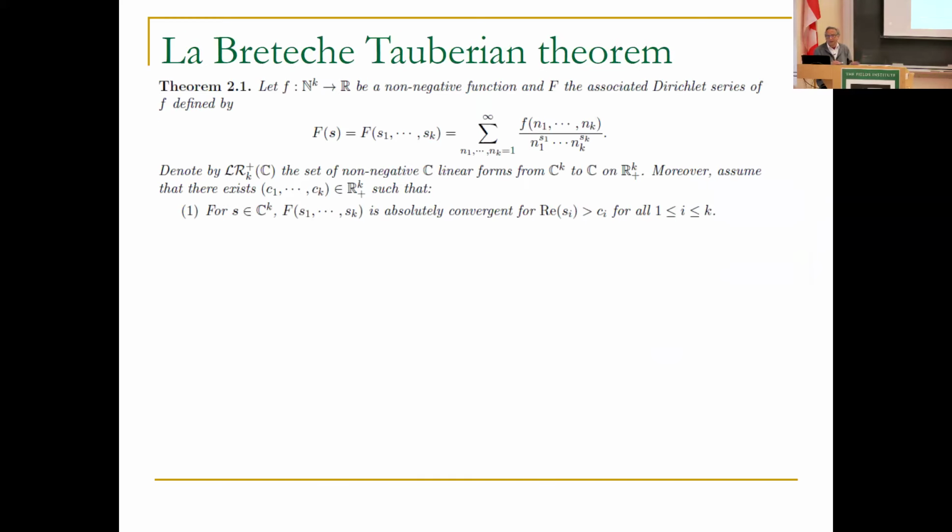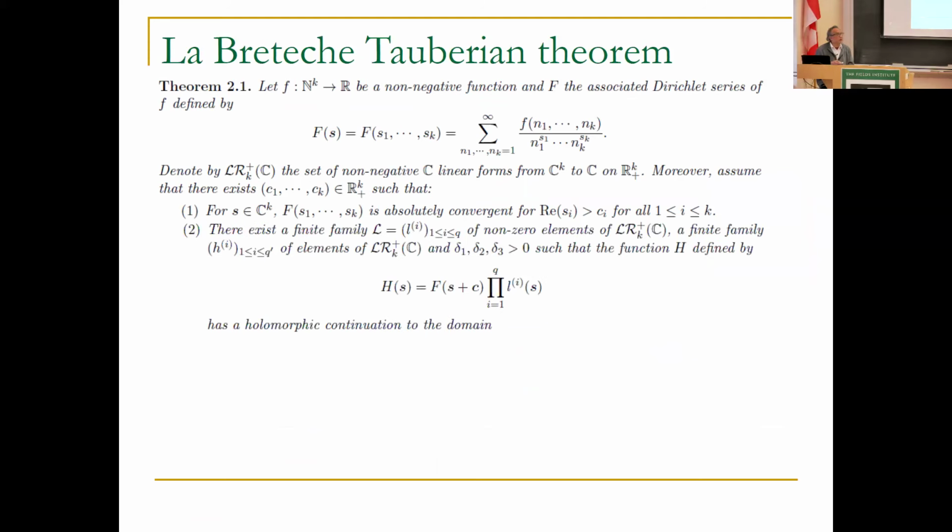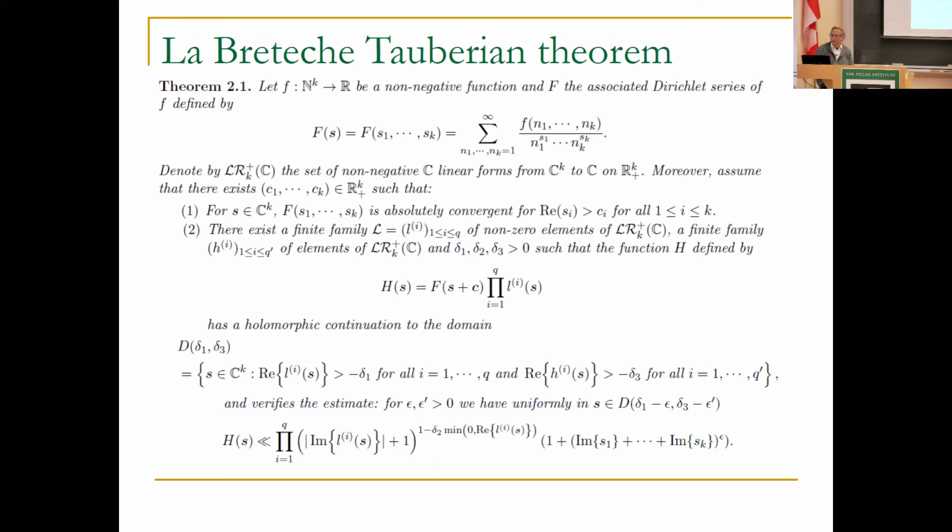So let me just flash the Tauberian theorem now of several variables. You have a Dirichlet series of a non-negative function of several variables, n1 to nk, absolutely convergent in various half planes. I'm not going to get into the full details, but in case the slides are made available, people can see the technical conditions.